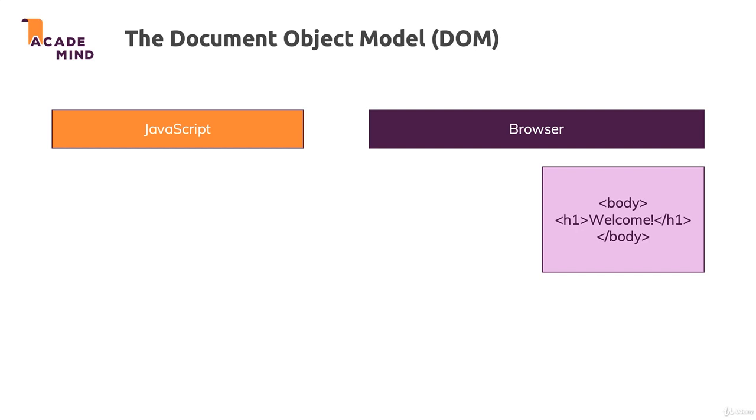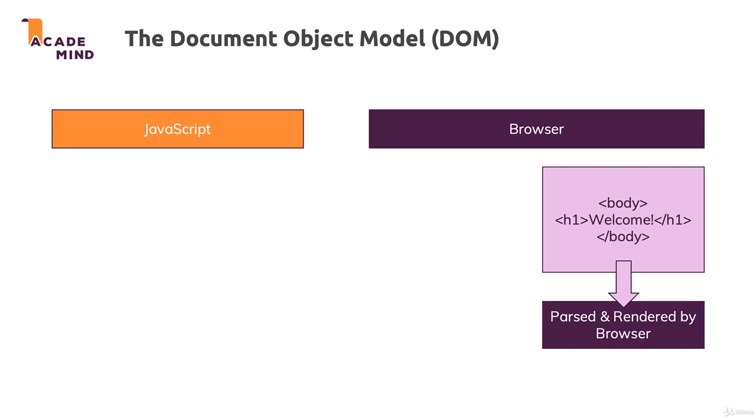Now, of course, we also have a head in our HTML code, but let's say this is what's in our body there. So what actually happens is that when this HTML file, that HTML document is downloaded, the browser goes over it and parses it and renders it. And I showed you this earlier in the course already when I showed you the different ways of loading JavaScript files and how that affects the parsing of the HTML code.